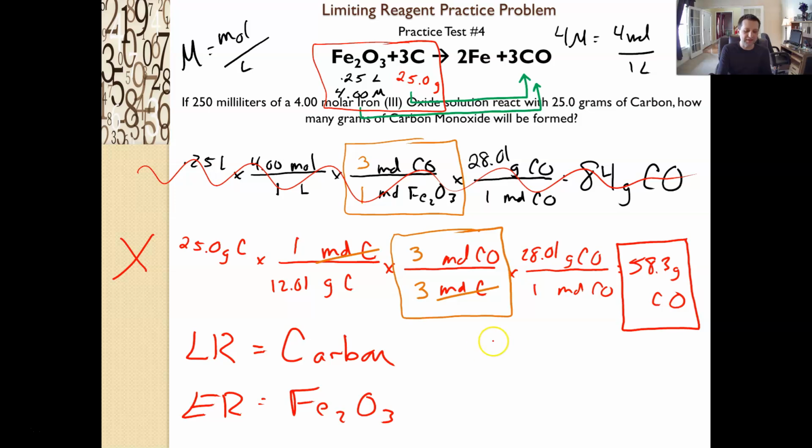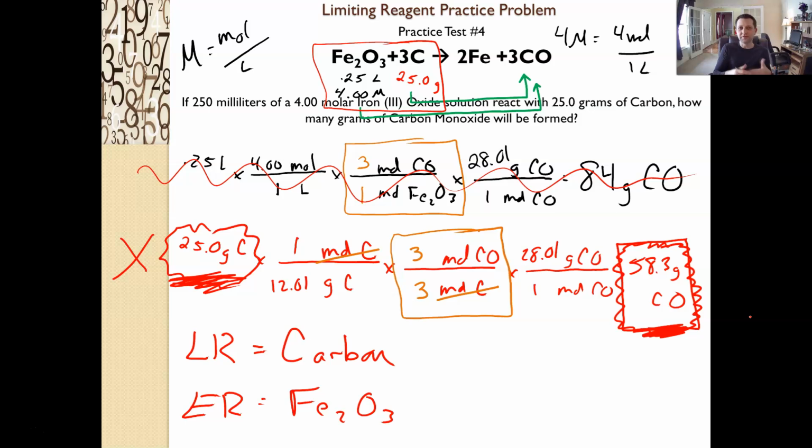We could take either the 25.0 grams of carbon or the 58.3 grams of carbon monoxide, because I know I used up all that, and I know I'm making this. I could convert that into Fe2O3, and that'll tell me how much Fe2O3 I actually used to either react with this or to make this.